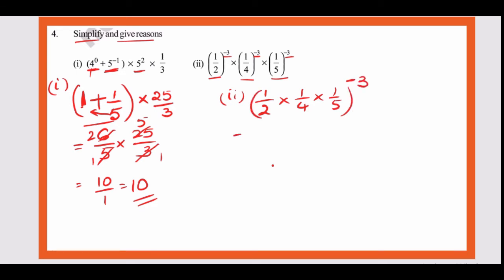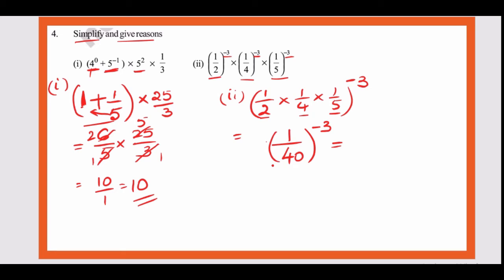Now what is the value? 5 into 4 is 20, 20 into 2 is 40. So I can write the numerator as 1 into 1 into 1, which is 1, by 40. So this gives me 1 by 40 whole power minus 3.